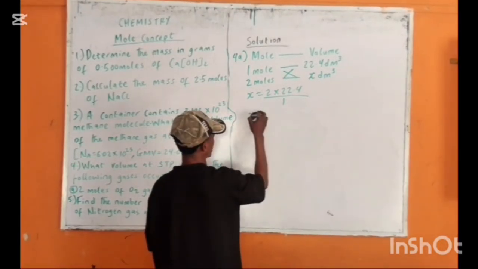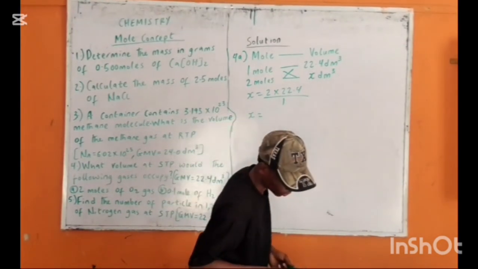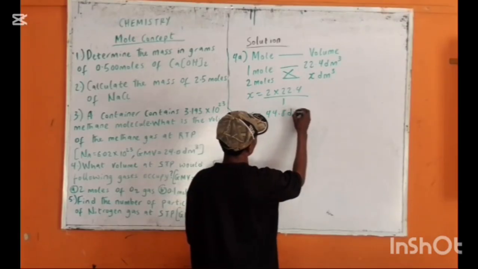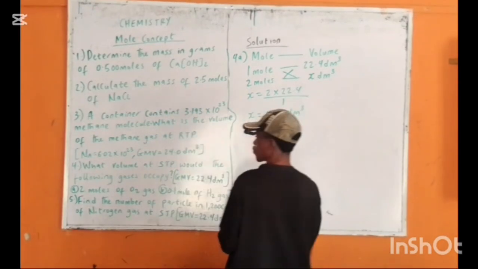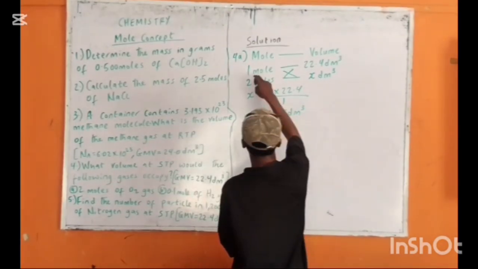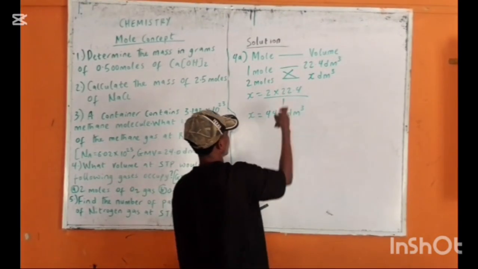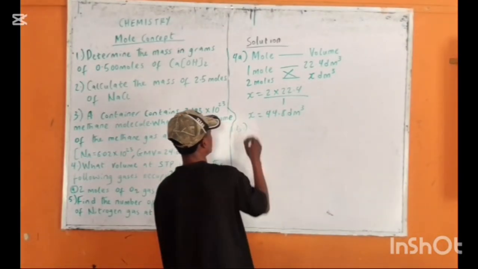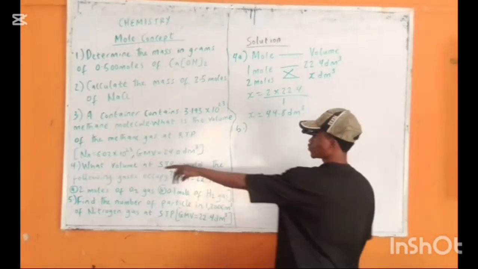So X equals 2 times 22.4, we get 44.8 dm cube. That is for 4A. If 1 mole occupies 22.4, then 2 moles will occupy 44.8.